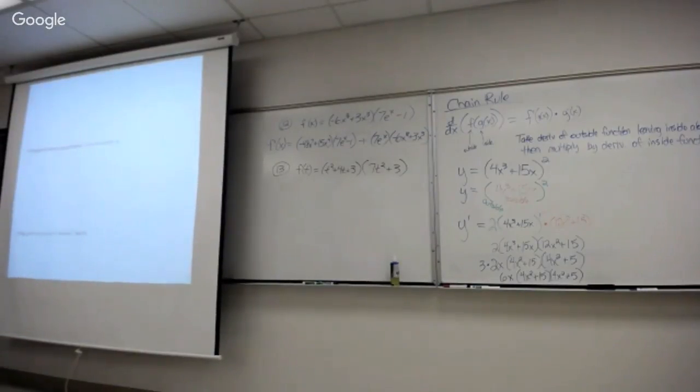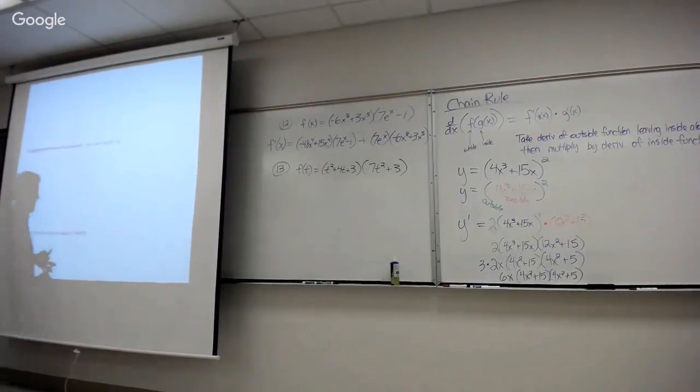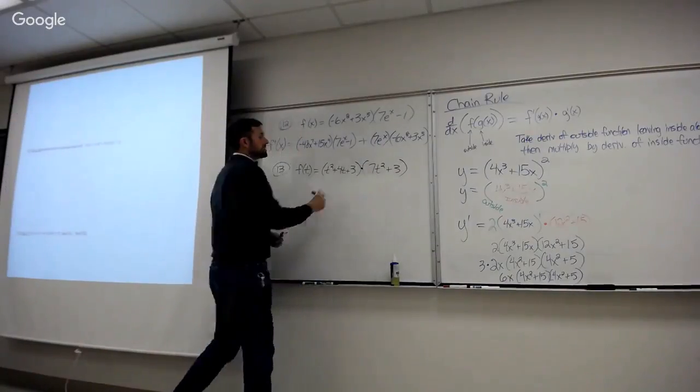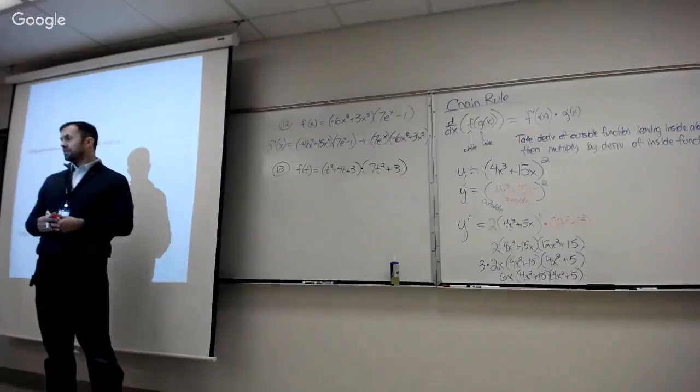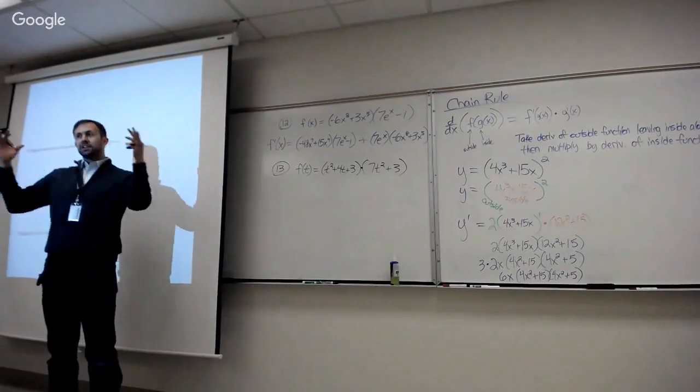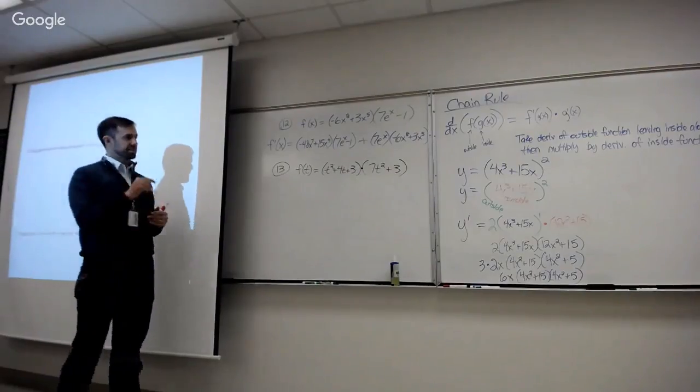Yeah. So what rule is this? Product, quotient, or chain? It is the product rule. How are we so sure that it's a product rule? I mean, first of all, is it the quotient rule? No, we're not dividing. And is it the chain rule? Yeah, we don't have an inside function and an outside function. So it's not the chain rule. It's definitely the product rule.